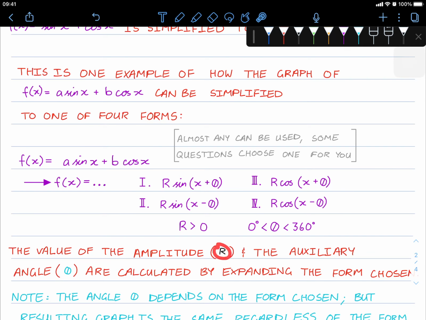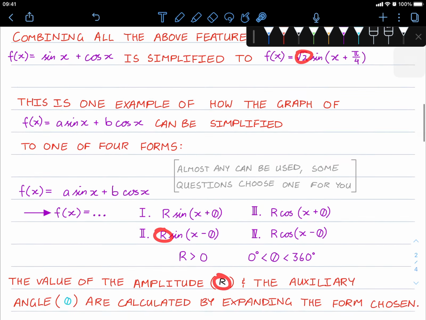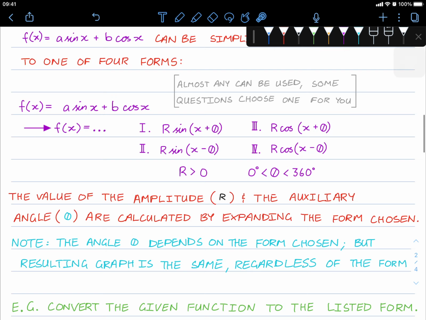The value of r is the amplitude, as we saw here, and the angle theta, the auxiliary angle, can be calculated by expanding the chosen form and figuring out what that angle is. I'll demonstrate this later on in the examples.